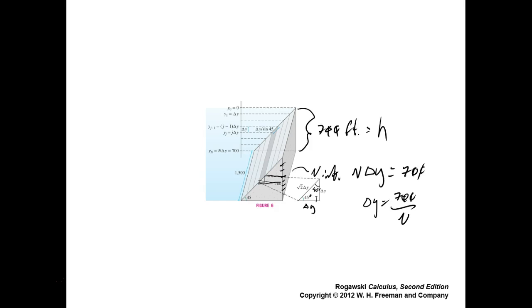So they've illustrated that here. The vertical distance is delta y, and oh, they did have the 700 over here. I didn't see it there. y0 at the top is 0, and yn at the bottom is 700.